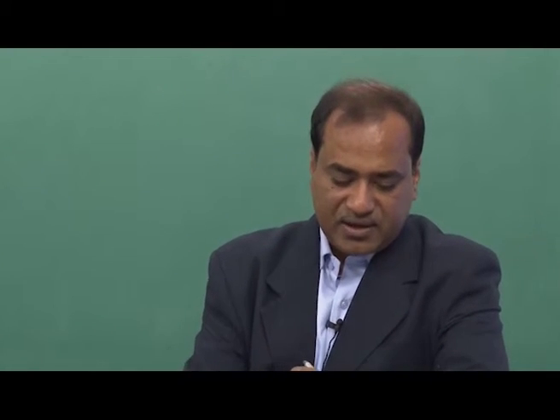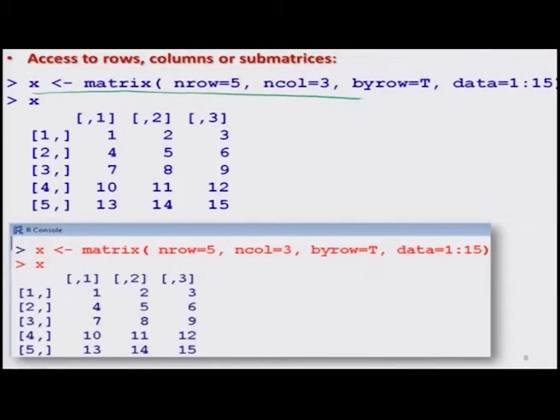I am trying to create another matrix, because I am sure that all of you are now bored with the same matrix X having the numbers 1 to 8. So, I create another matrix X, which has 5 rows, 3 columns, and the data values are the numbers 1, 2, 3, 4 up to 15, and these values are arranged by rows.